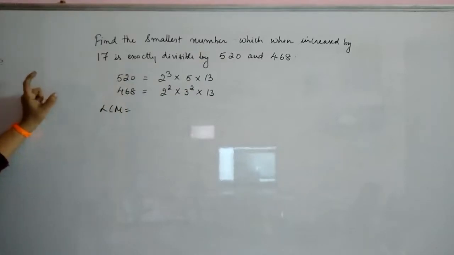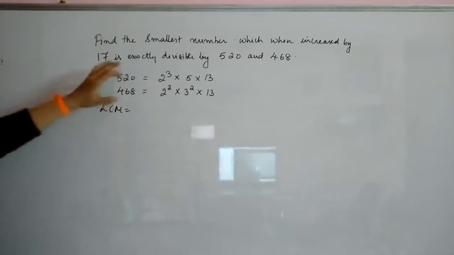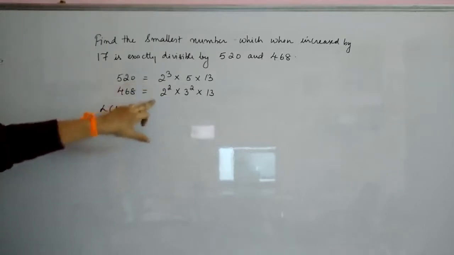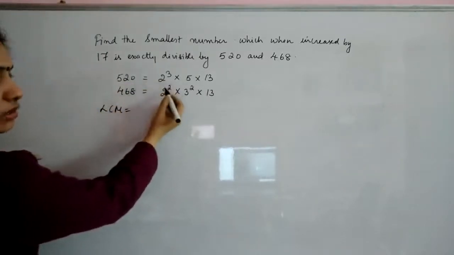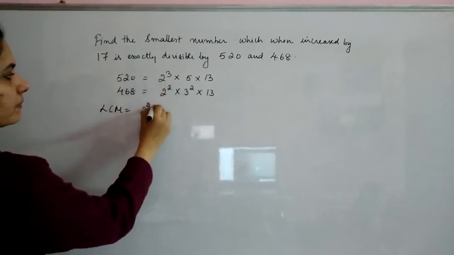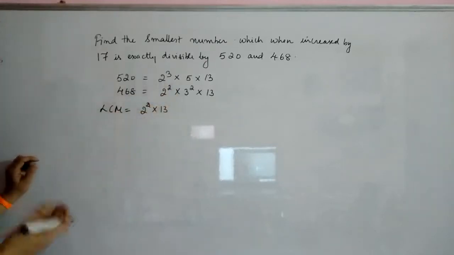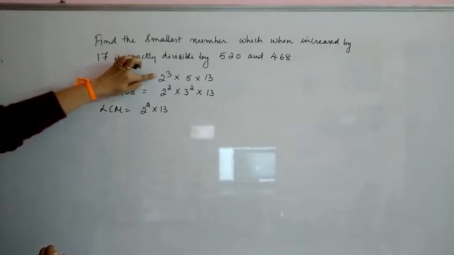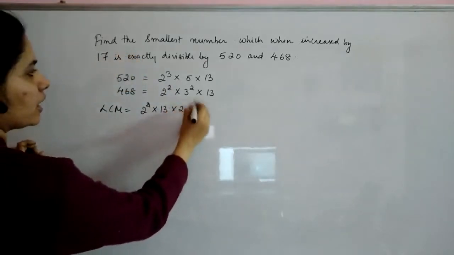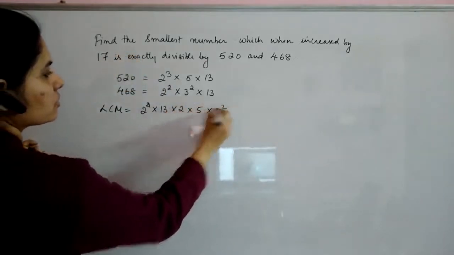Now for LCM, first we will find out the common things. So both are having 2 square in common, then 13 in common. Now the remaining terms. So 1, 2 is left here. So that you will get 2 into 5 into 3 square.